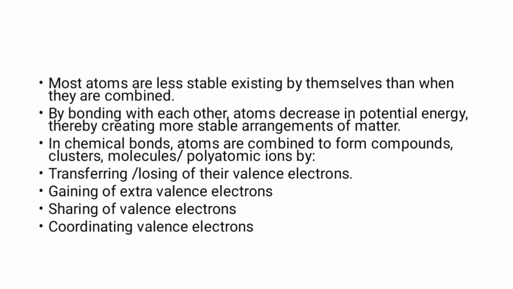So it may transfer that electron to form ionic bonding. On the other hand, a substance may try to gain extra valence electrons. One substance may just transfer, but especially in ionic bonding, some substances, especially non-metals, gain electrons. For example, sodium gives one electron to chlorine, and so both obtain the octet rule.